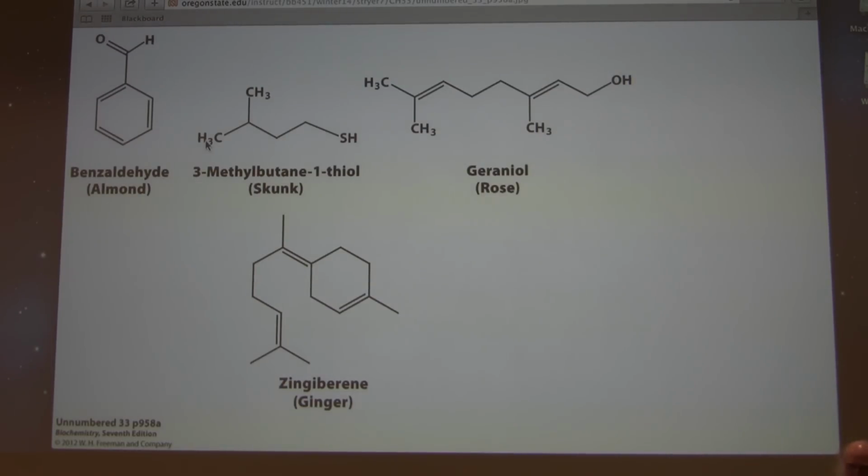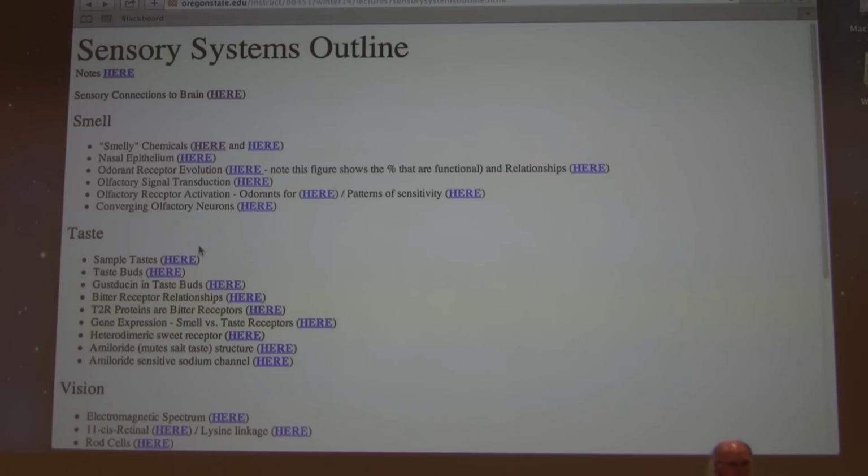These chemicals, as you can see, are relatively simple, and they all have a common feature: they're all fairly nonpolar, meaning that they can easily volatilize. When we think of something that we smell, it has to be something that can get out into the air where we can detect it. Now, our sense of smell is remarkable in a couple of senses. No pun intended there.